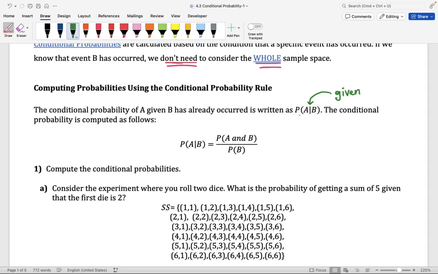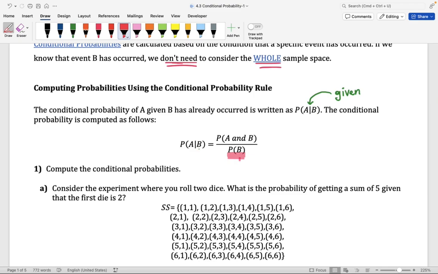So again, we read this expression as P of A given B, the probability of A given B has occurred. The conditional probability is computed as follows. The probability of A given B is equal to the probability of A and B divided by the probability of B. Notice here on the denominator, we have the probability of B.